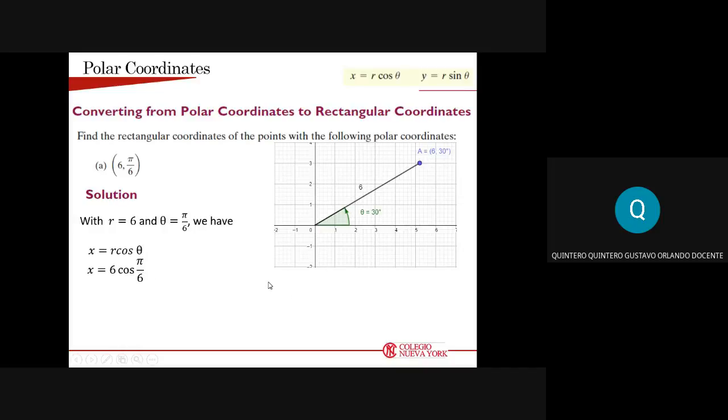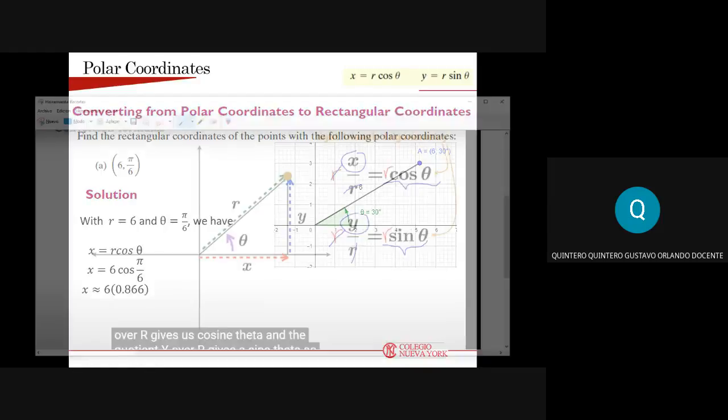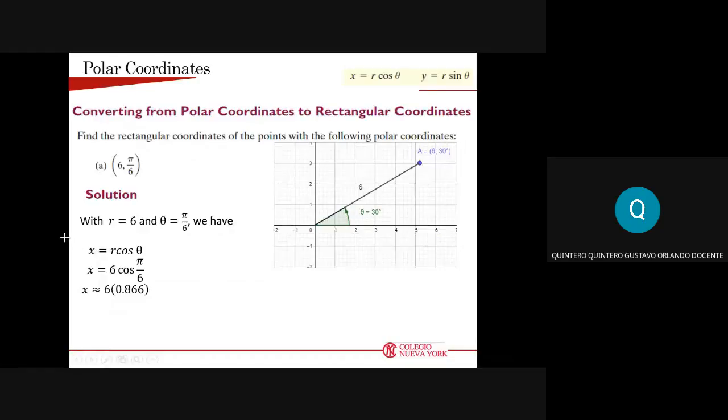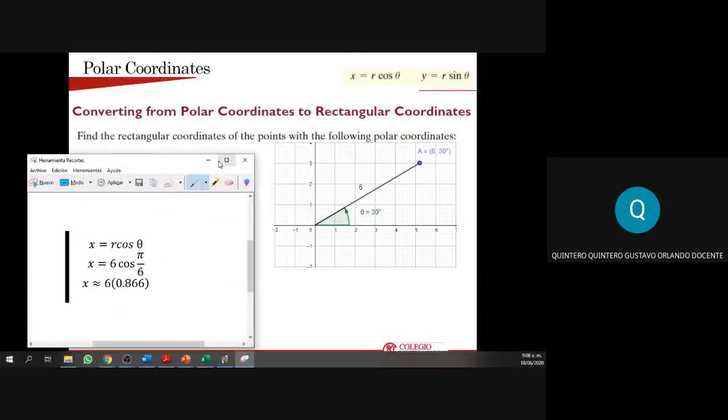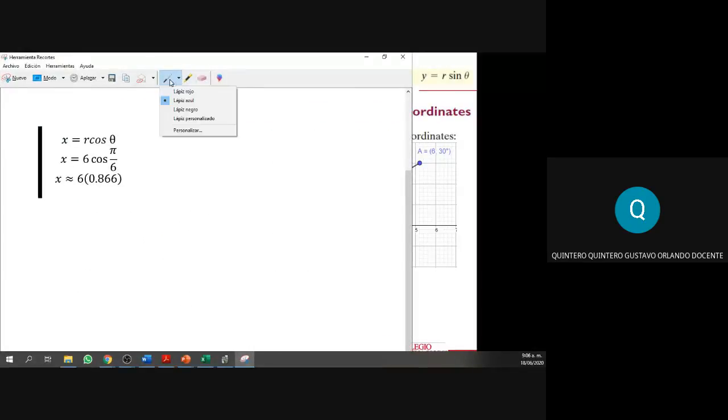Now, all we have to do is put this in a calculator. Cosine of pi over 6 will give us 0.866 again. In case you guys don't remember, this is what we're doing. From here, this cosine of pi over 6, we put it in a calculator.